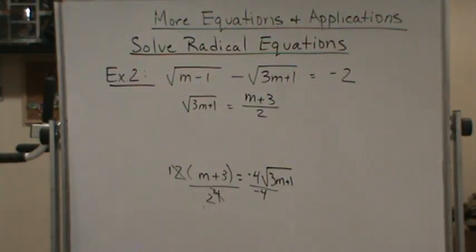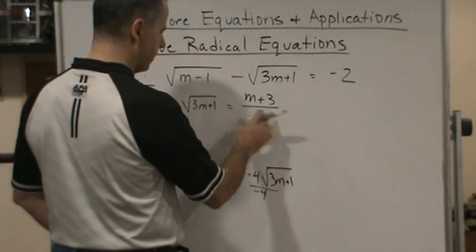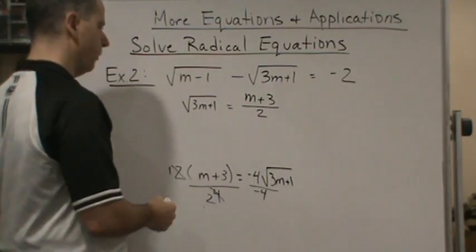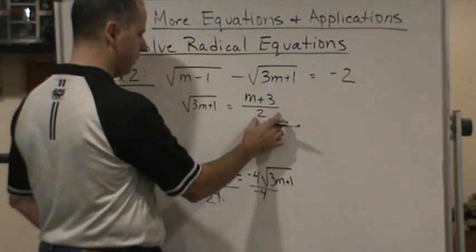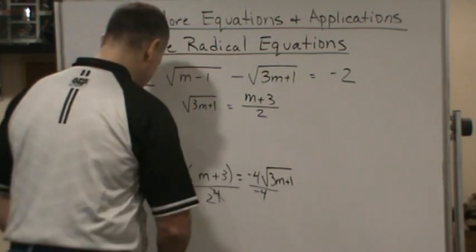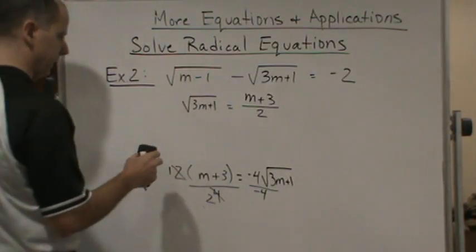Okay? Now at this point, if you want to split it up into two fractions, m over 2 plus 3 halves, you can. But I'm going to leave it as one fraction, because I'm going to square, and this is going to be much easier to deal with as one fraction, instead of having to do the distributive property or the FOIL method again.